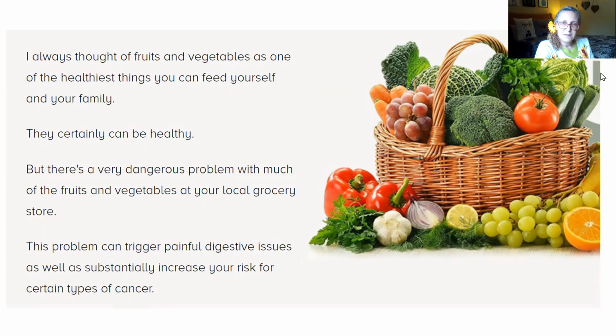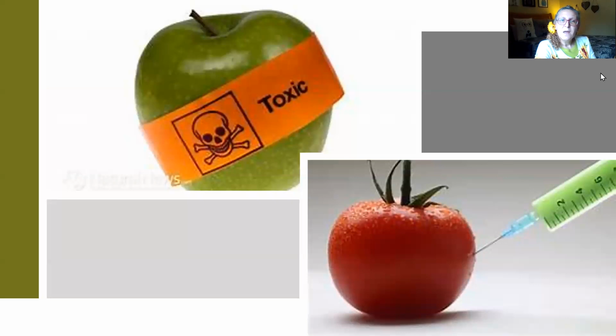And what is that? What is that problem? Well, we know what it does. It can trigger digestive issues and substantially increase your risk for certain types of cancer. But what is the problem? The problem is that what's on our vegetables, what's in our vegetables, can be toxic.